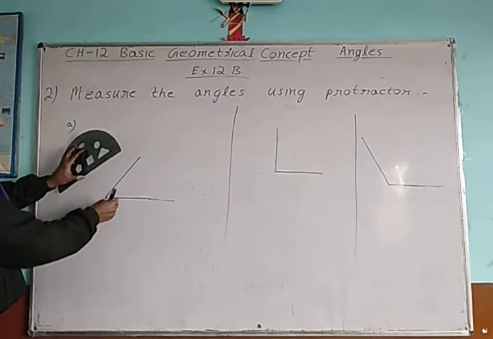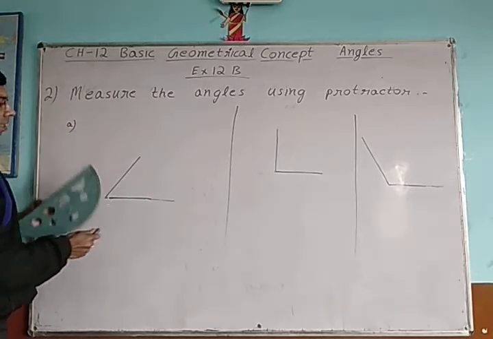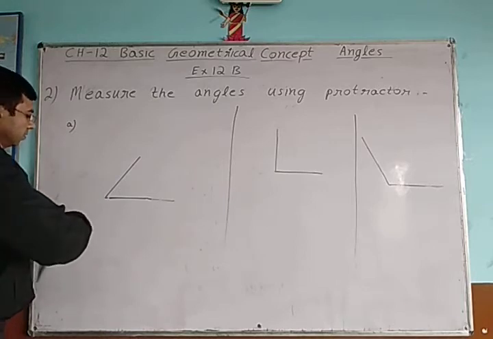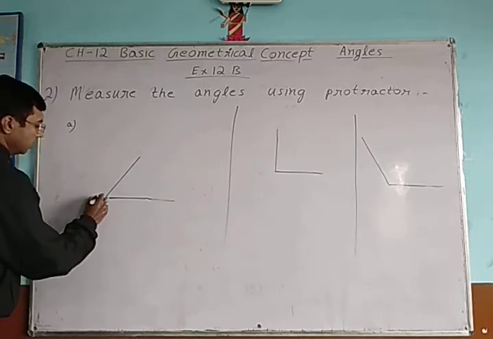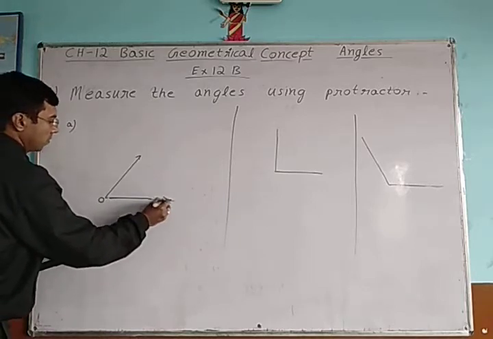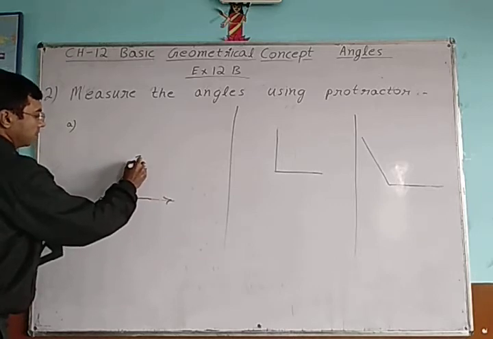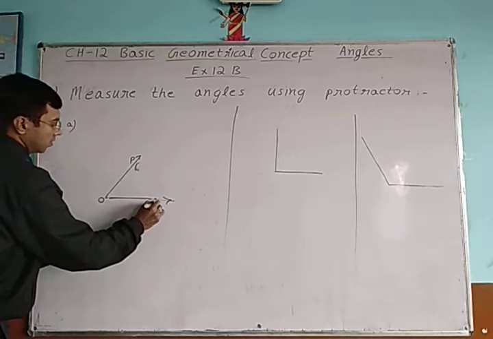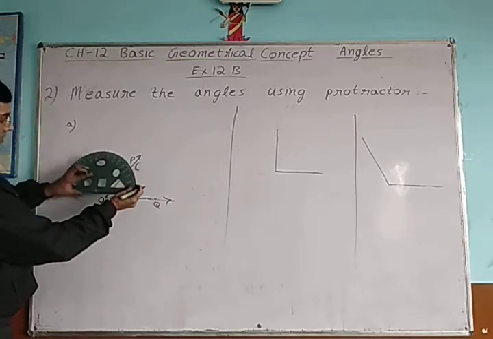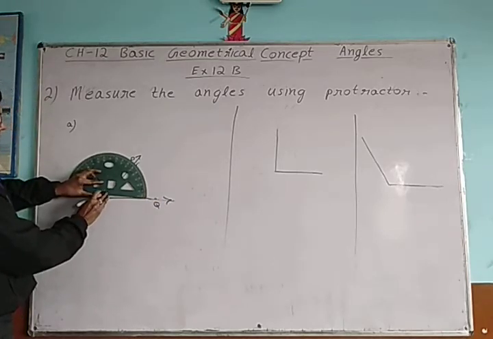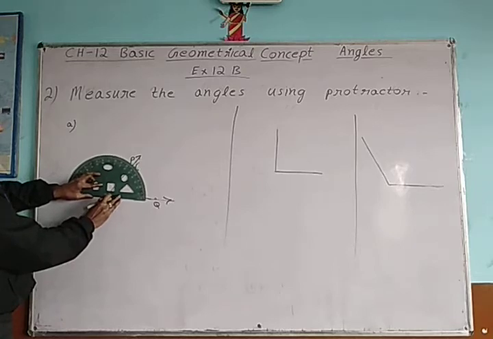So this is an angle, clear? And we have to measure this. First name it O, P, Q. Now put this middle point at the vertex, clear?